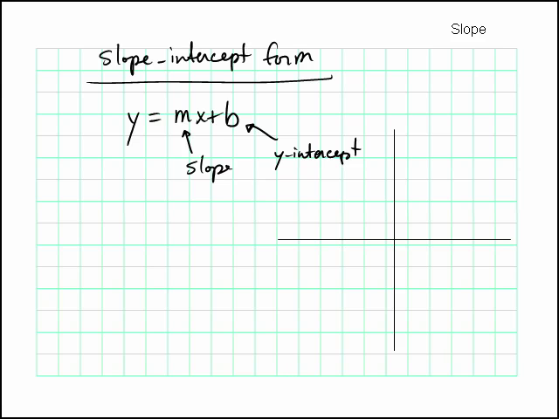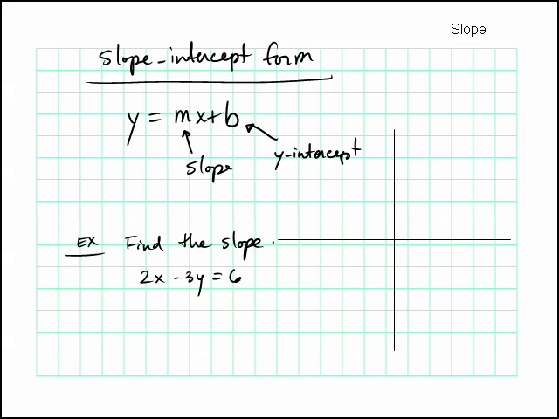For example, find the slope. Let's say we've got the line, I'll make one up here, 2x minus 3y equals 6. Okay?